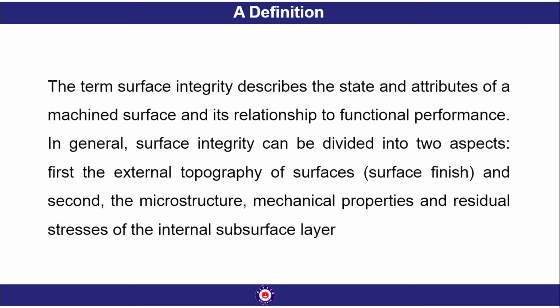In general, surface integrity can be divided into two aspects. First, the external topography of surfaces, mostly surface finish, and second, the microstructure, mechanical properties and residual stresses of the internal substrate layers. Surface integrity is mainly divided into two topics, one is surface science, another is surface engineering.